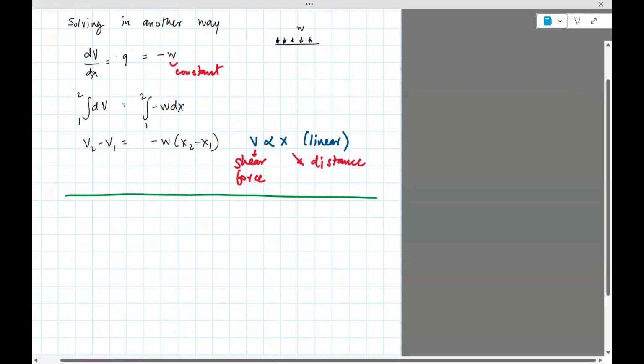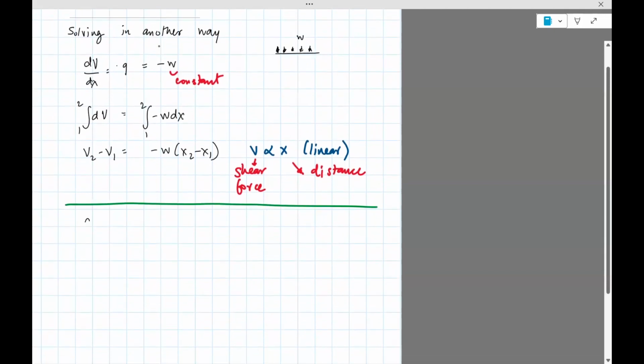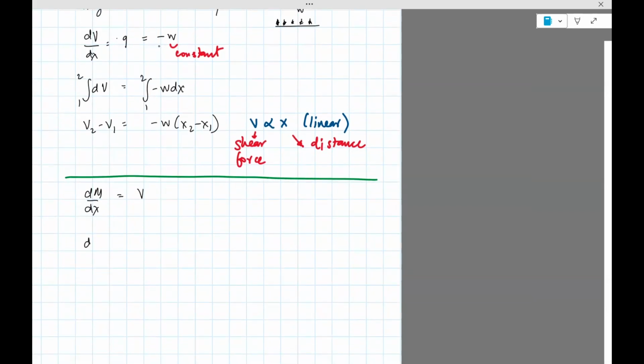The other equation we looked at last time was dM/dx equals V, and so in order to compute M, we can integrate this from 1 to 2.